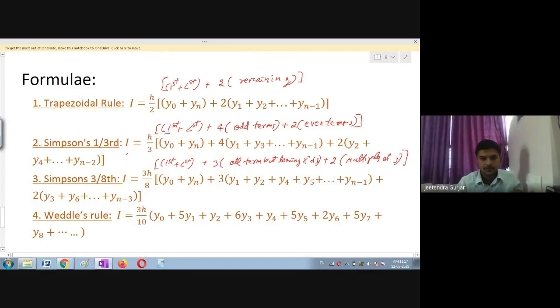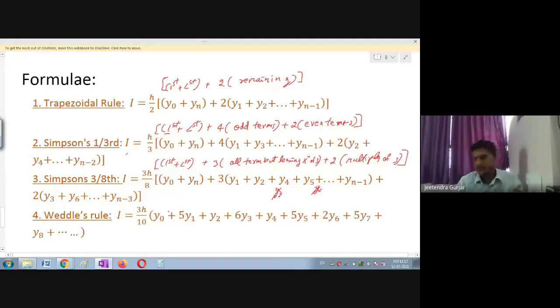I will tell you how it is multiple of 3. You can see y3, y6, y9 you will get here. And here only those multiples of 3 you should leave. So y1 is there, y2 is there, y3 is not there. Then y6 will not be there, because that will be plus 2 times the multiples of 3.